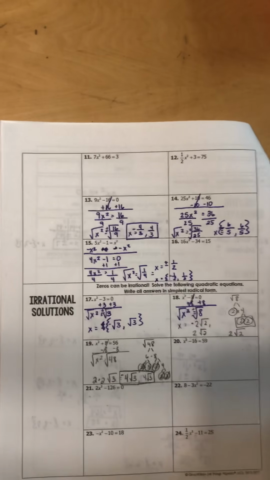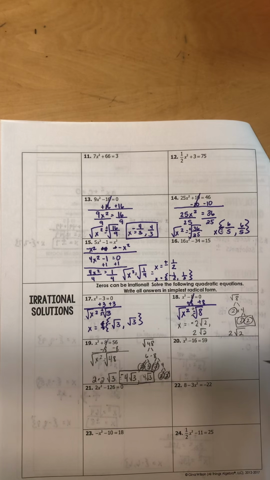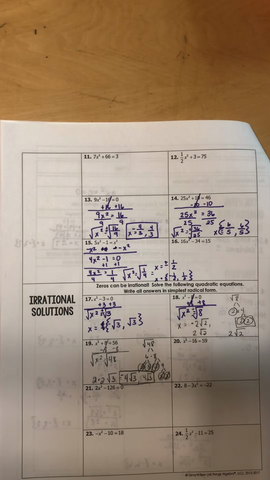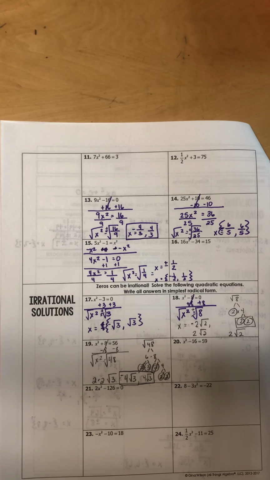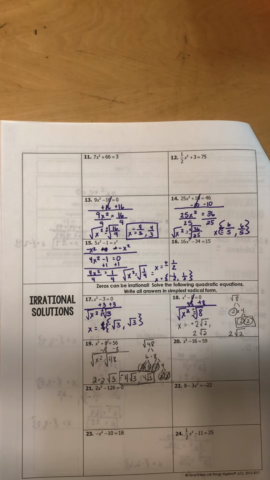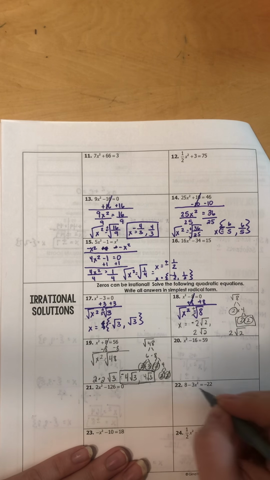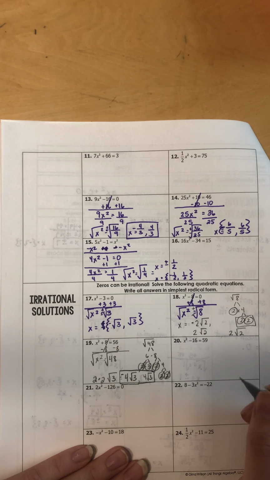Okay. 20 is exactly like 18 and 19. 21 is exactly the same. Let's do 22. Alright, so we have 8 minus 3x squared equals negative 22.